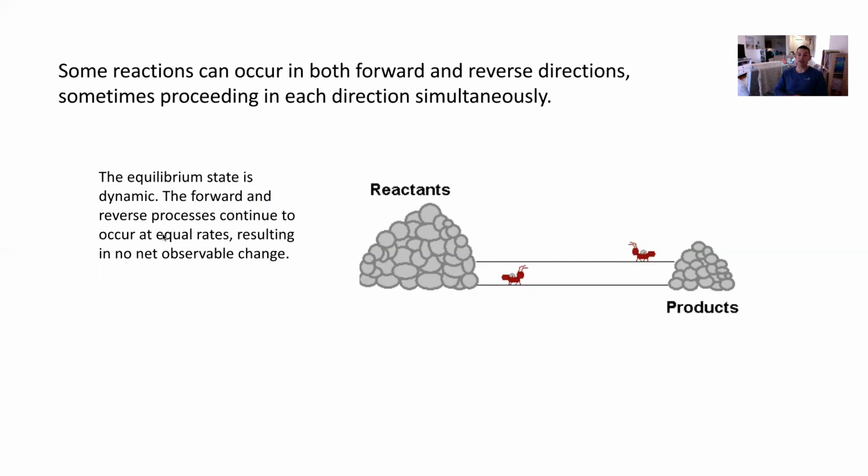Equilibrium is based on the rates being the same. If the ant removes one rock and brings it to the products pile, but the ant up top brings a product rock to the reactants pile, the rate that they change stays the same, and so the size of the piles stay the same. So we don't observe any change, but dynamically, these ants just keep working.